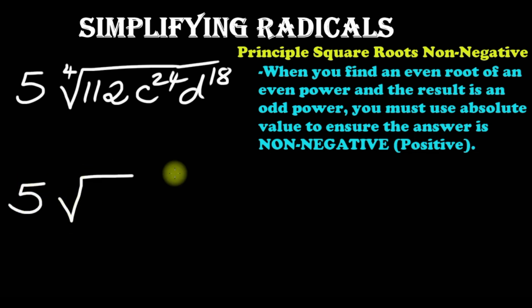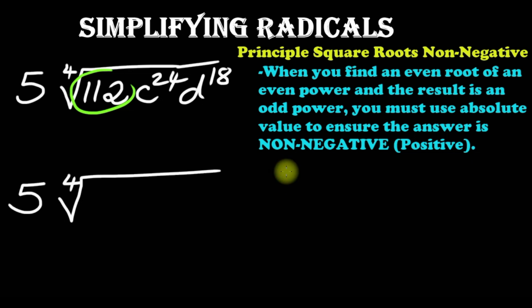Now for the 4th root, we need to rewrite 112 because the 4th root of 112 is not a perfect 4th root. Let's take a look at these numbers again.